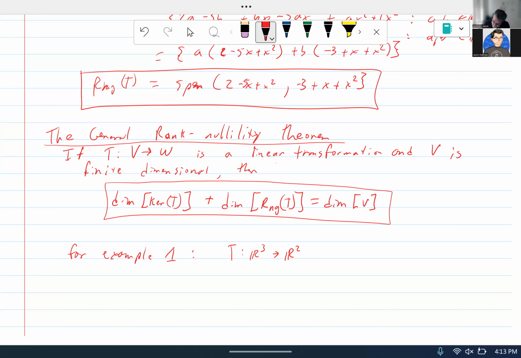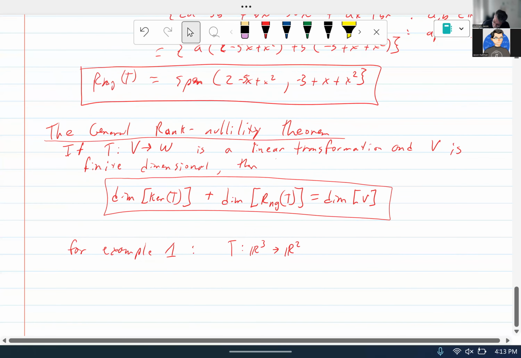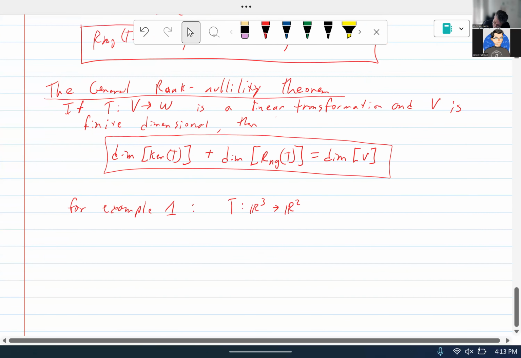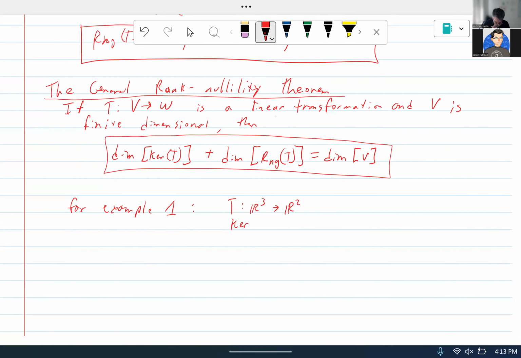And if we look at the kernel of T, we could have written it as the span of (2, 1, 0) and (-5, 0, 1).